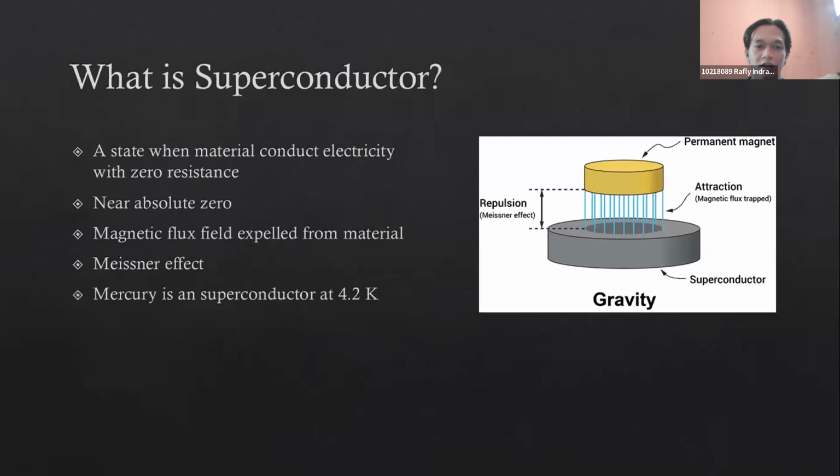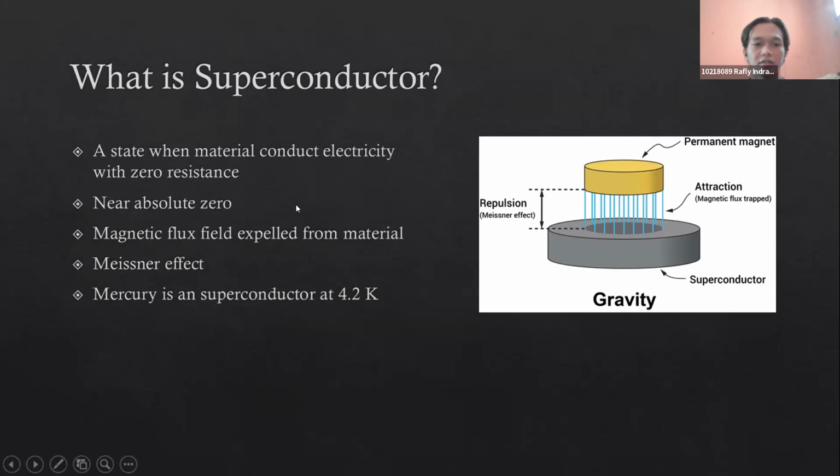Before we start, we should know what a superconductor itself is. A superconductor is a material that has special properties. It can reach the superconducting state near absolute zero temperature, 0 Kelvin.